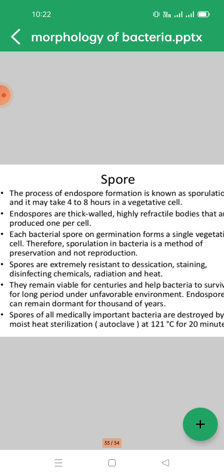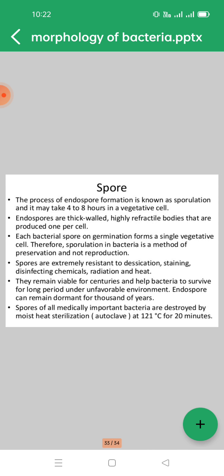Next is the spore. A spore is a dry, thick-walled and refractile body that is produced by the cell. Only one endospore is produced in one single cell. The endospore formation is known as sporulation. It may occur within 4 to 8 hours in a vegetative cell.